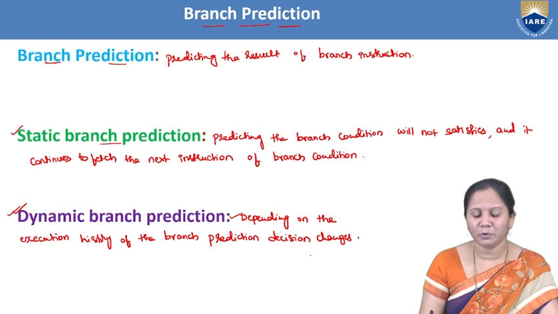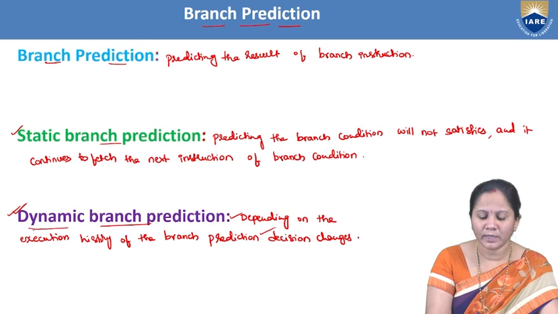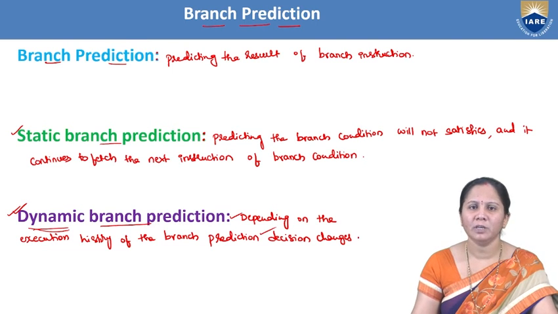So this type of approach is called dynamic branch prediction. Based on the history of the previous bits, the branch prediction decision will be changing every time. That is why it is called dynamic branch prediction.